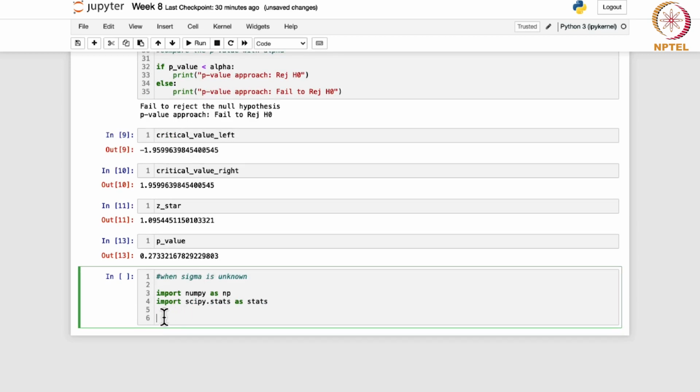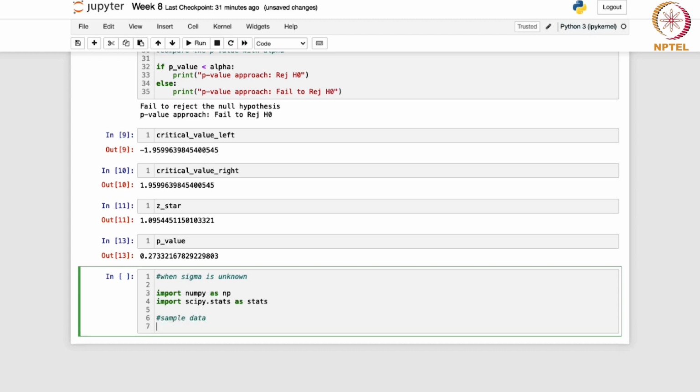So let us consider that you have sample data. We are considering a very small size data. So sample_data will basically be an array that contains your sample data.